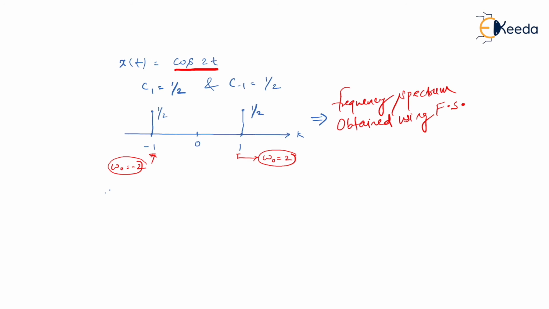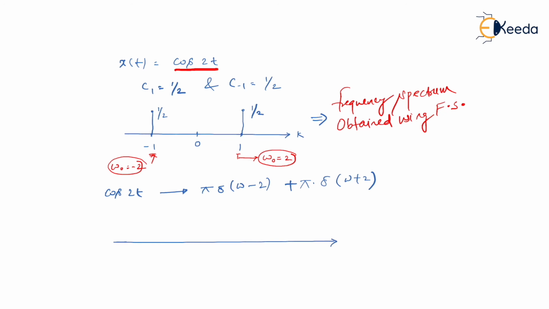A Fourier transform for cos of 2t was pi del of omega minus 2 plus pi times del of omega plus 2. On the x-axis we have omega.